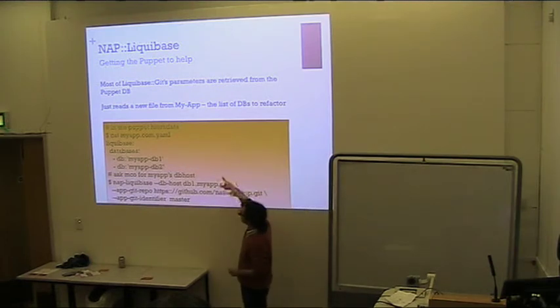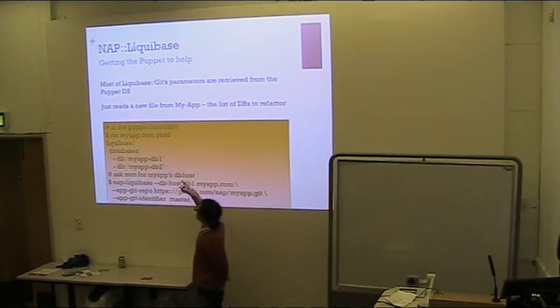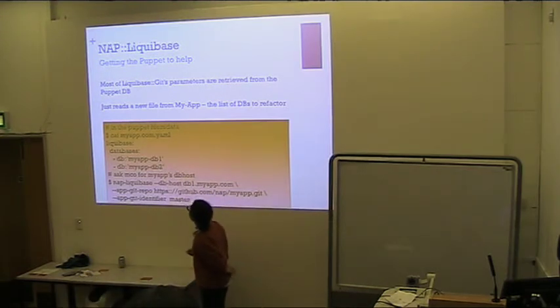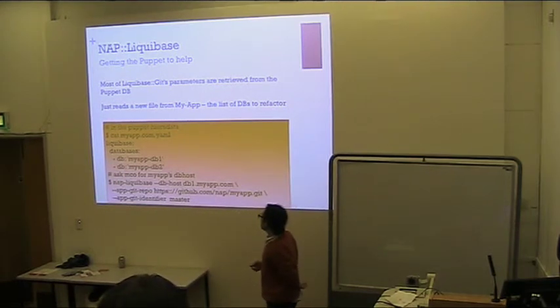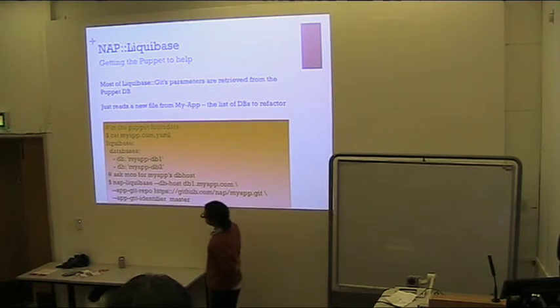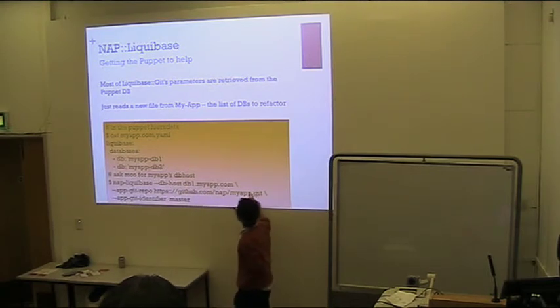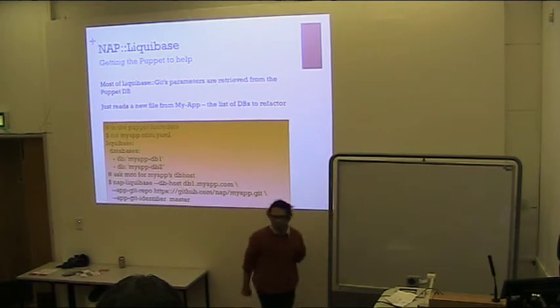So this is what we have in our Puppet config file, which says that for Liquibase, I want you to update these two databases. Then what Puppet does for you is run this command, literally this command, saying apply from this repo the patches with that identifier.